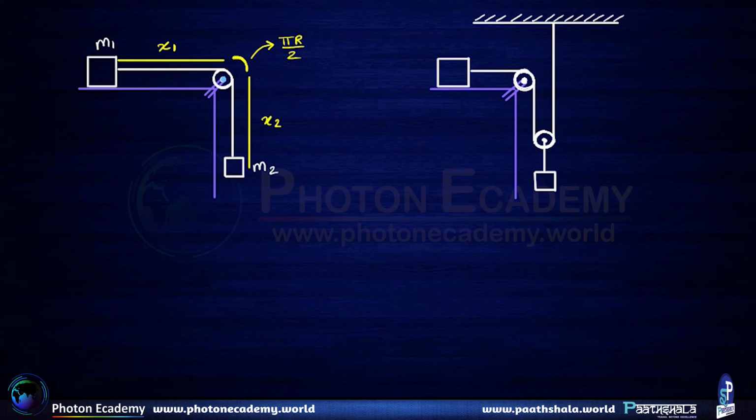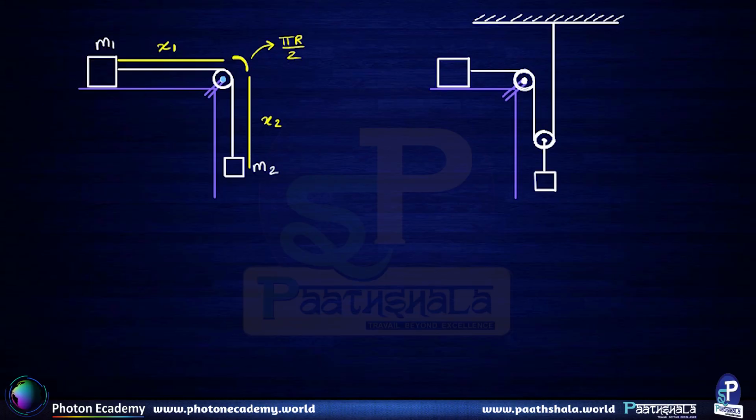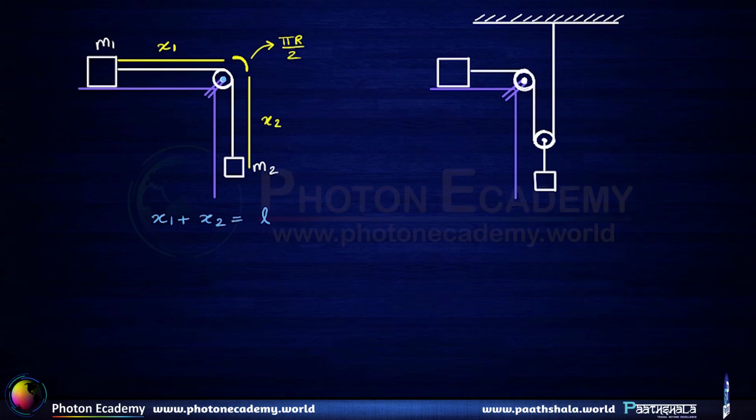So whenever we differentiate, we are going to get the derivative to be equal to 0. So the length of the string can be written down over here as x1 plus, I am ignoring pi r by 2, so I get x2. This is equal to the length of the string.